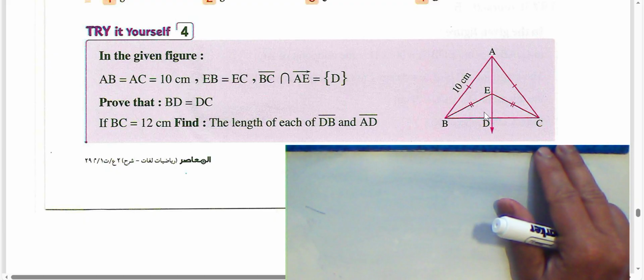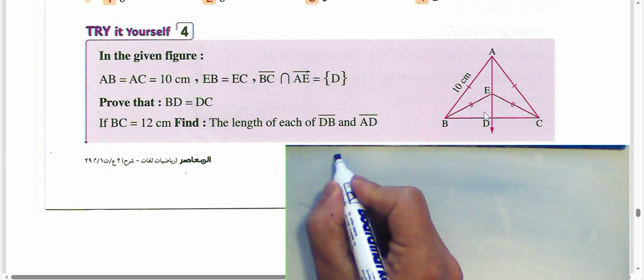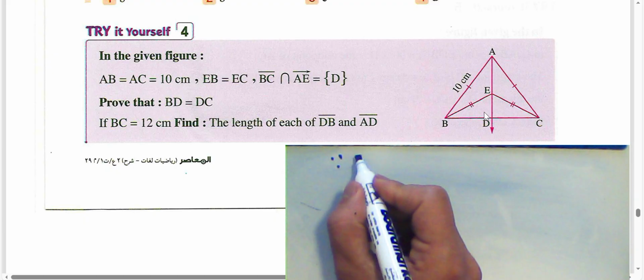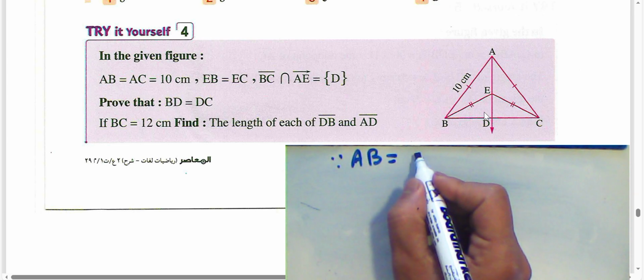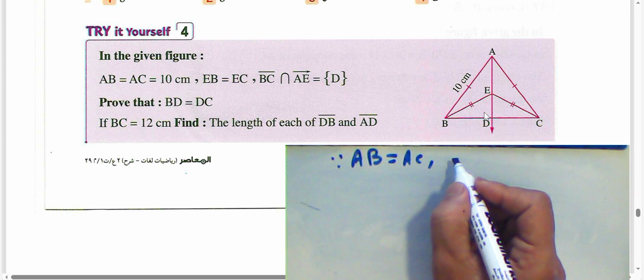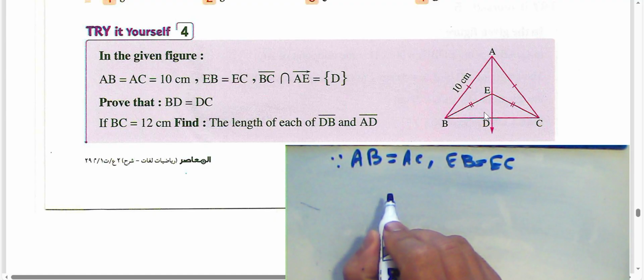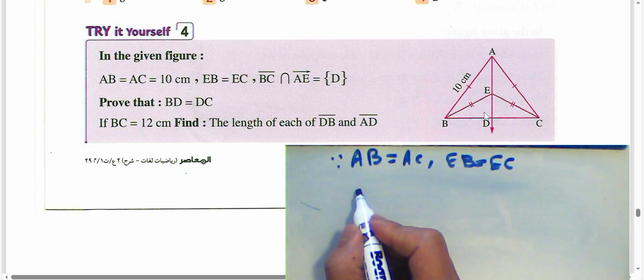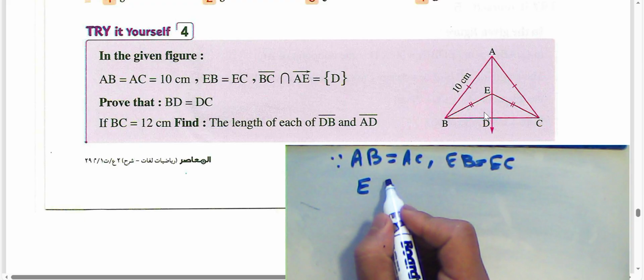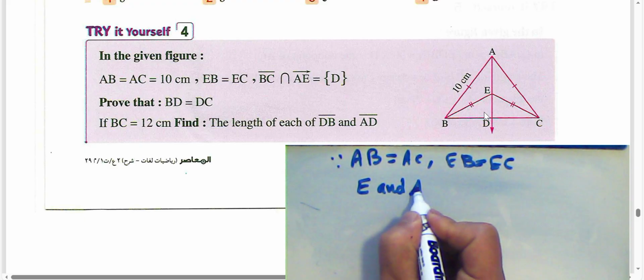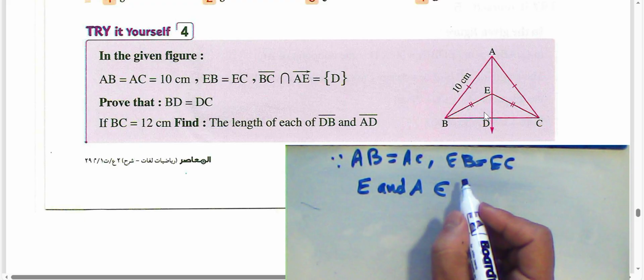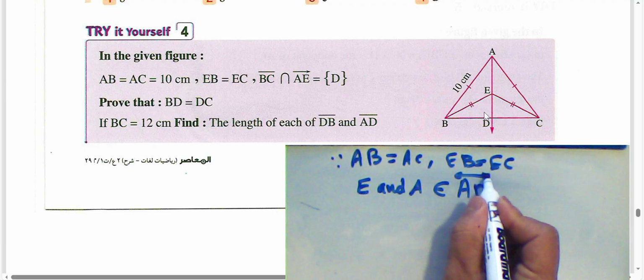Then we can prove that, first, AB equals AC, and also EB equals EC in this triangle, and E and A lie on the straight line ED.